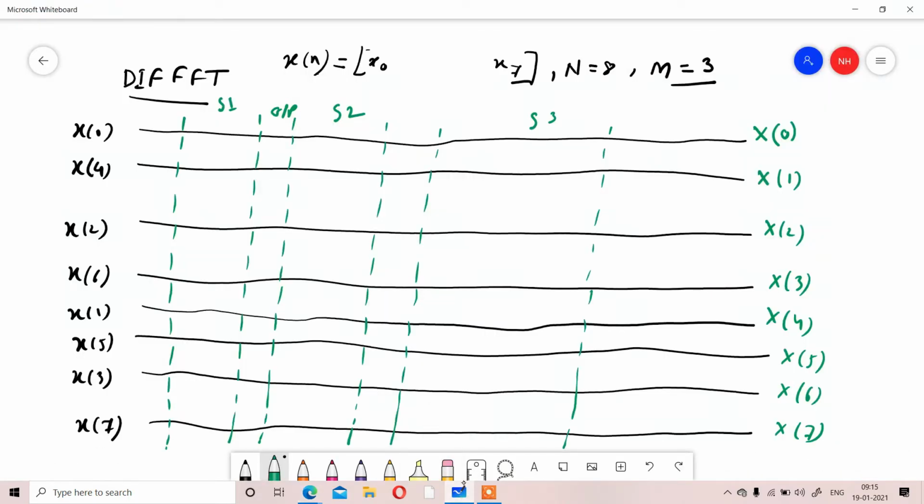And after that, what we have seen is for stage 1, what should be the bit separation? Bit separation is defined by 2 to the power small m minus 1. So depending on that, we have seen that for stage 1 the value of small m is 1, for stage 2 the value of small m is 2, for stage 3 the value of small m is 3.